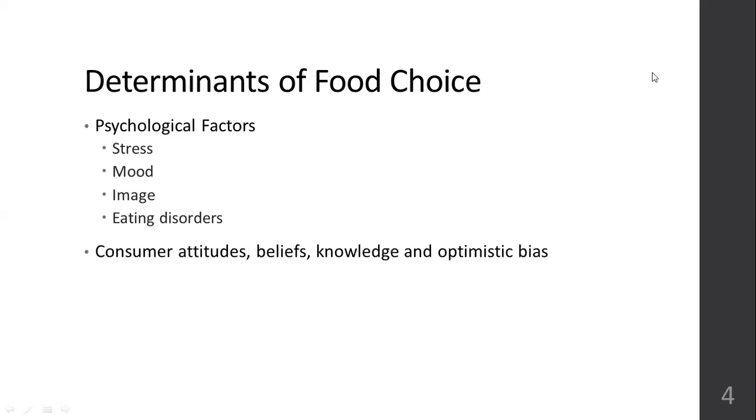Then you have your consumer attitudes, beliefs, and knowledge, your optimistic bias. These are the other areas. Consumer attitudes means, for example, using vanaspati. In the 1990s, dalda vanaspati was used in mostly every household. It was marketed as a really good source of fat.